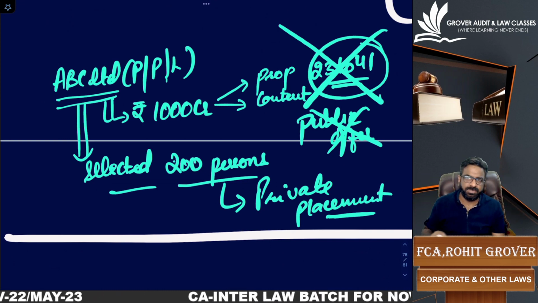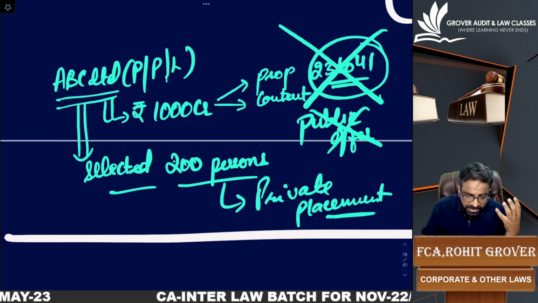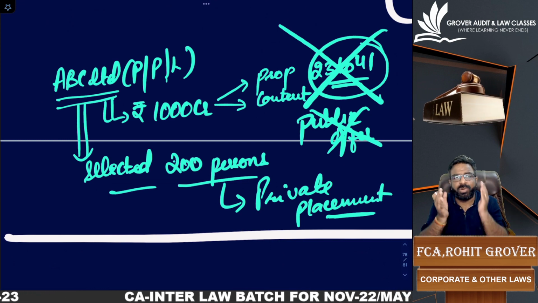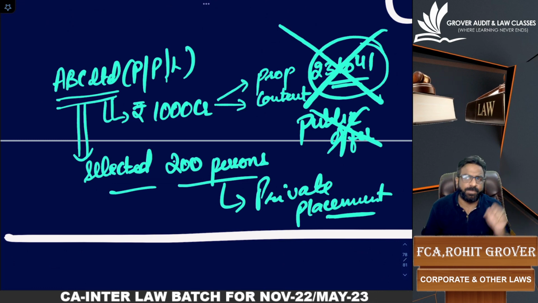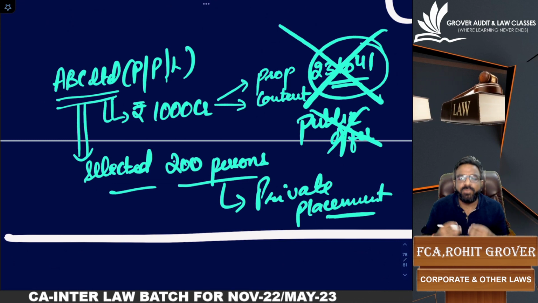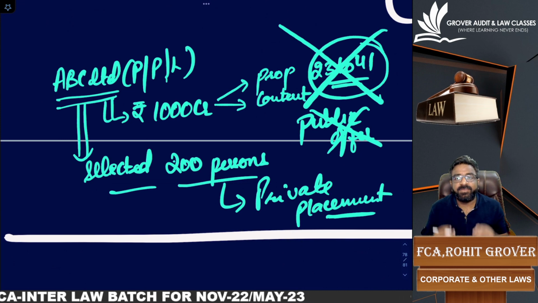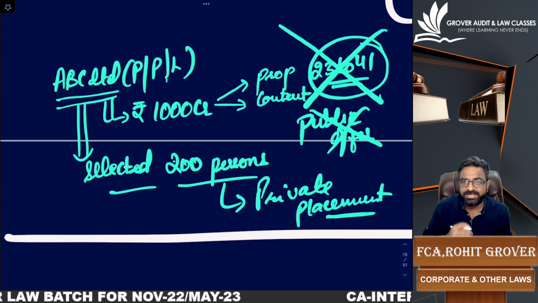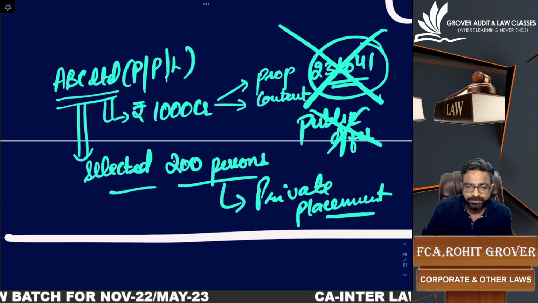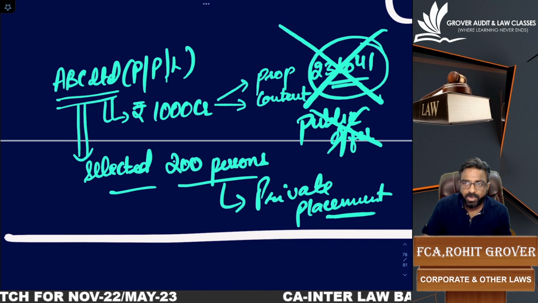No dilution. So some companies do not want to go under section number 23 to section number 41 formalities. So some companies go for what? Private placement of securities. They go for what? Private placement of securities. Is it clear to all of you? Yes or no? Yes, sir. So did you all understand?